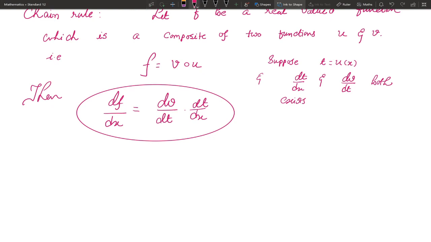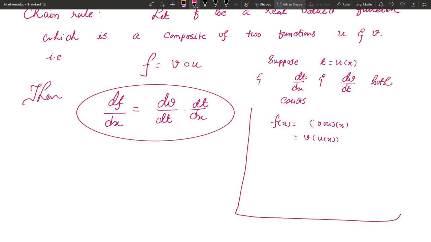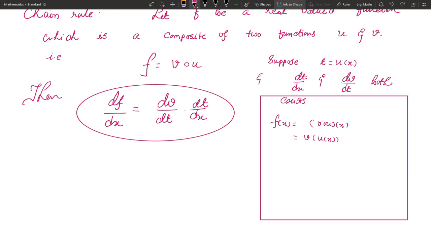You see f of x, it is a composite function of u and v, so this is v of u of x. This is for our understanding. So f dash x, d by dx of this is nothing but u of x equal to t, so v of t.